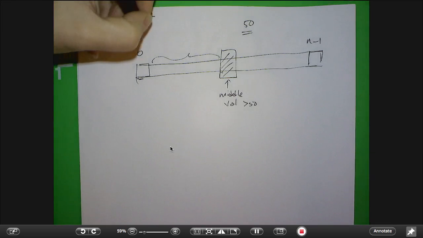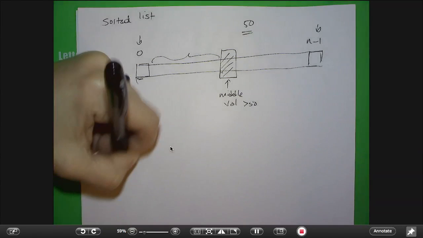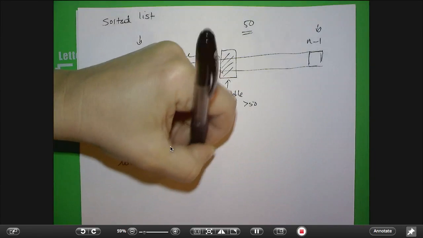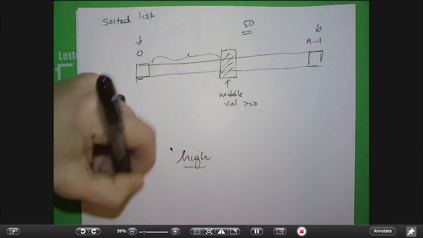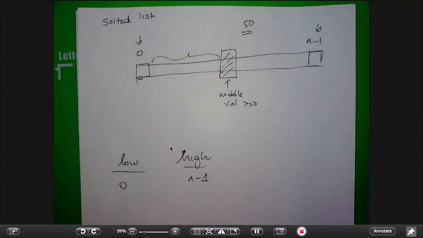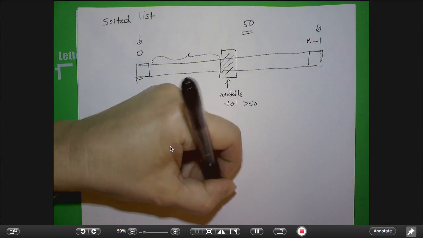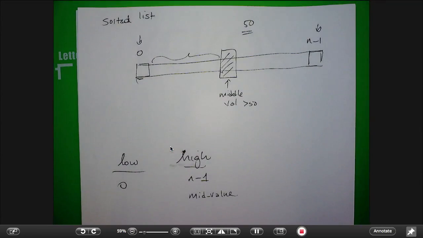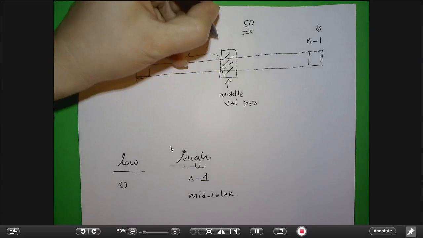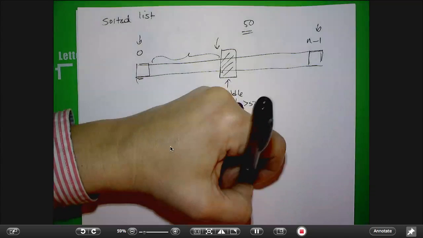That means if I started with the bounds, let's say low and high, between 0 and n minus 1, at first I knew the value was between 0 and n minus 1. Now I check the middle value, and if it is already greater than 50, then it has to be between 0 and mid value. In fact, it's probably to the left of the mid value, so mid value minus 1.